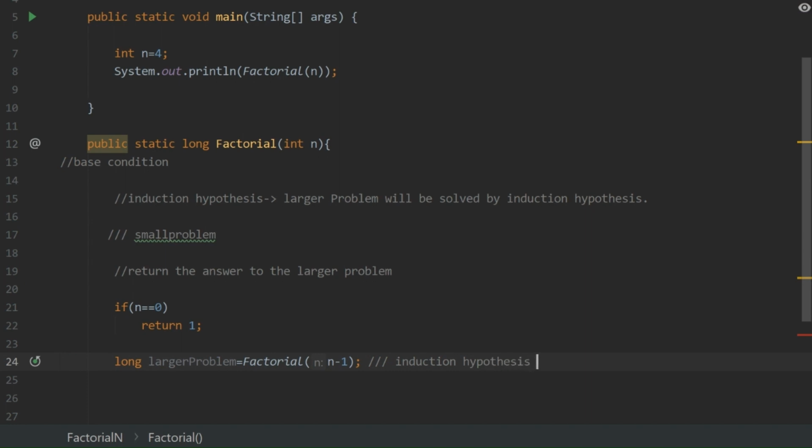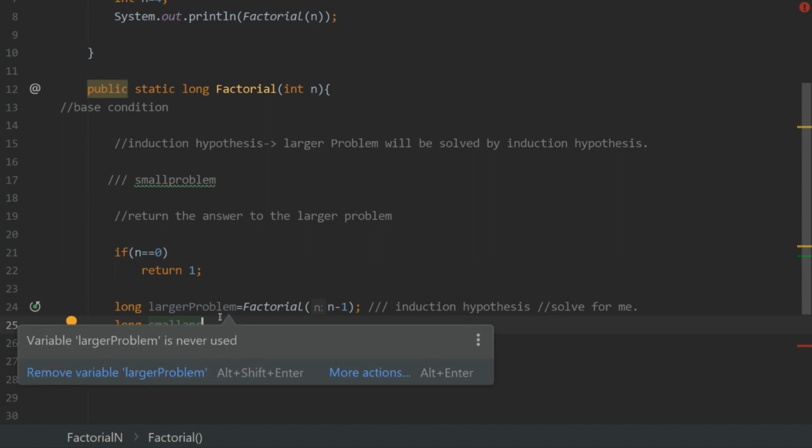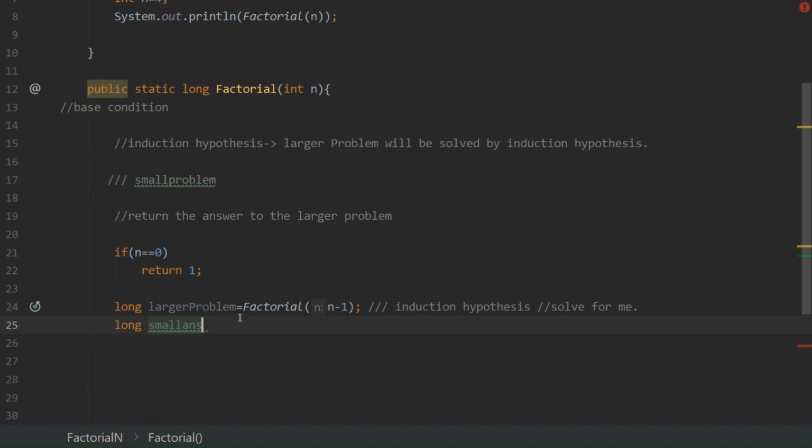Hey induction hypothesis, I trust you. Solve the problem for me. I don't know how to solve it. I just know how to solve the small problem for us, the smaller answer. For factorial, we know the smaller answer is n, right?